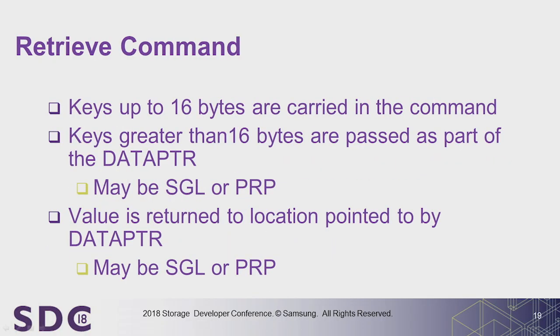When we get to the retrieve command, we've done the same thing. The keys up to 16 bytes are carried in the command. Keys greater than 16 bytes are passed as part of the data pointer. In other words, they're pointed to by the first element of the data pointer, whether it's SGL or PRP. The value is returned to locations pointed to by the data pointer, again, SGL or PRP. Now, the anomaly here is that your scatter-gather list or your PRP has one element pointing to something that you are pulling from the host, and the rest of the elements are something that you're putting back out to the host.